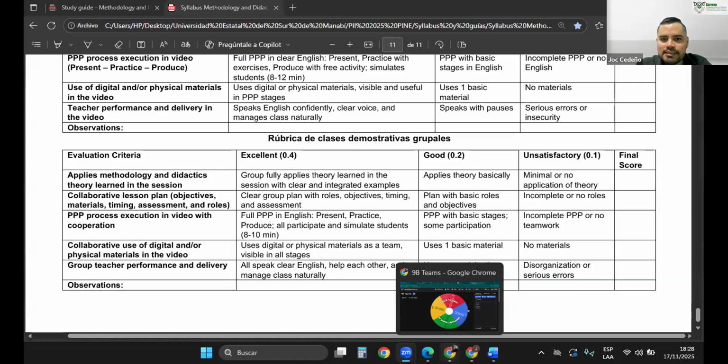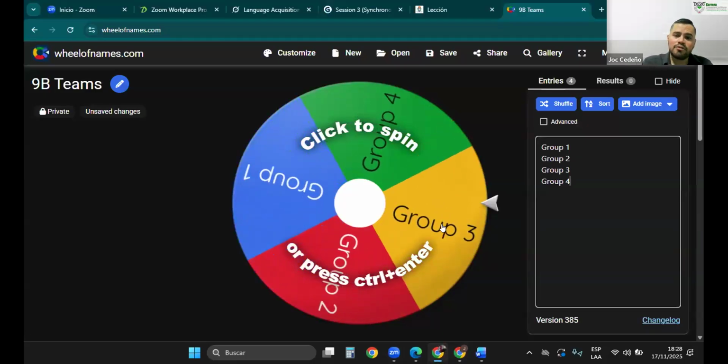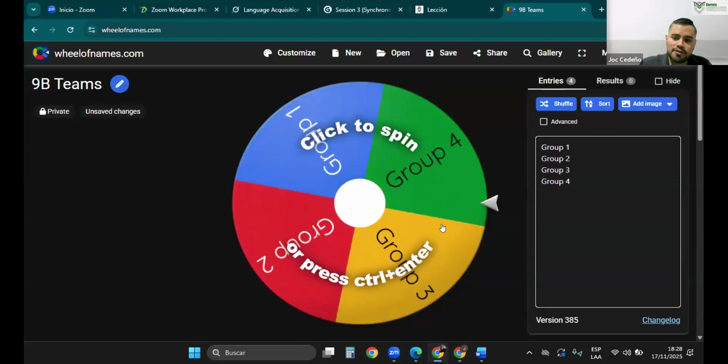Okay, now we're going to have a spinning wheel selection for the group that will go first, okay?